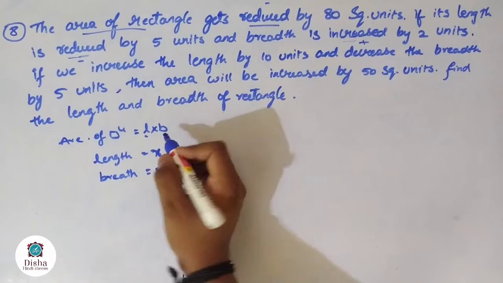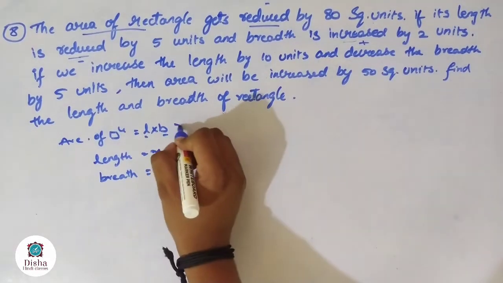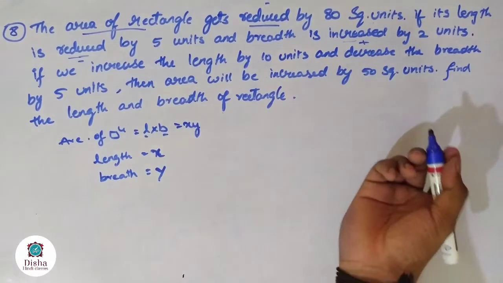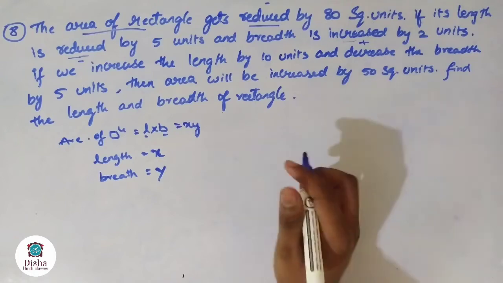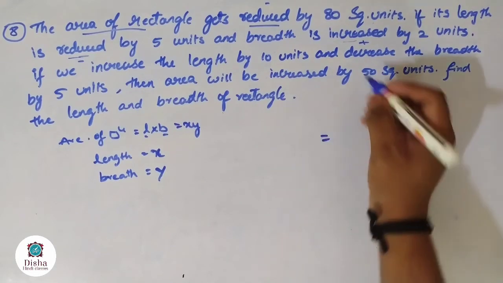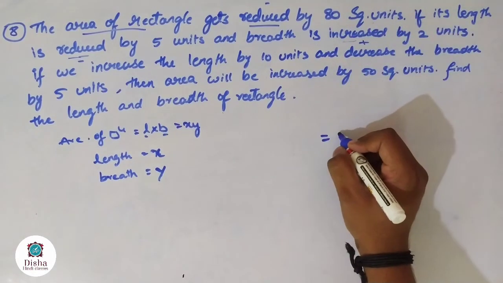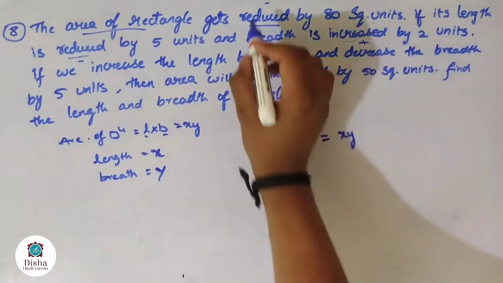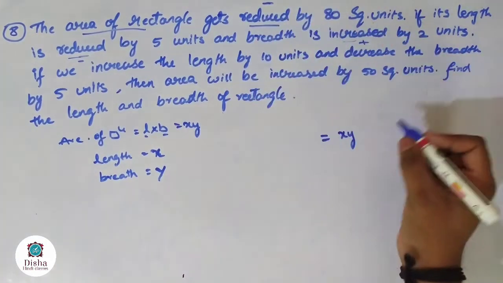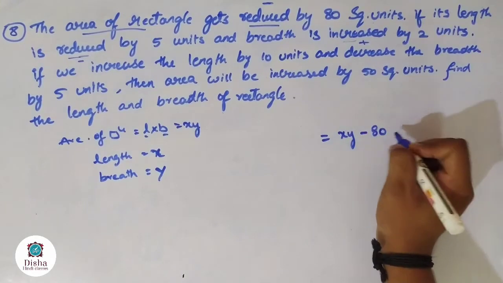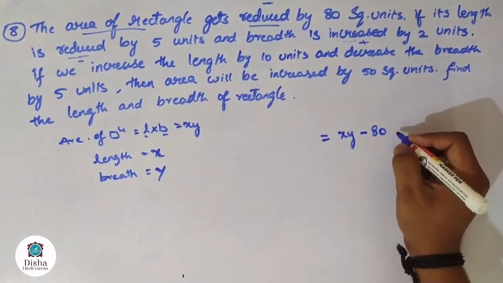So here L into B means x into y. So area is xy. Now let us substitute this whole scenario in this formula. So area is getting reduced by 80 square units. So xy, what is reduced? Reduced means subtraction. So minus 80.